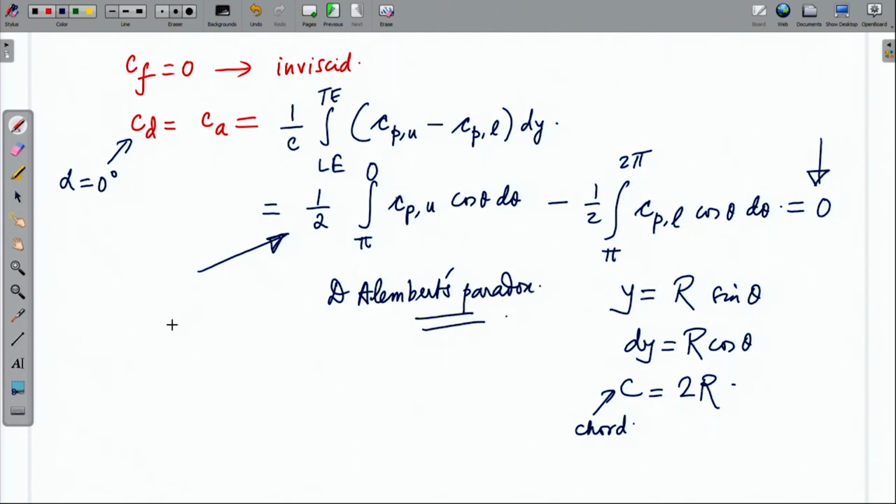What happens to Cl, which is the same as Cn? We can work it out similarly.